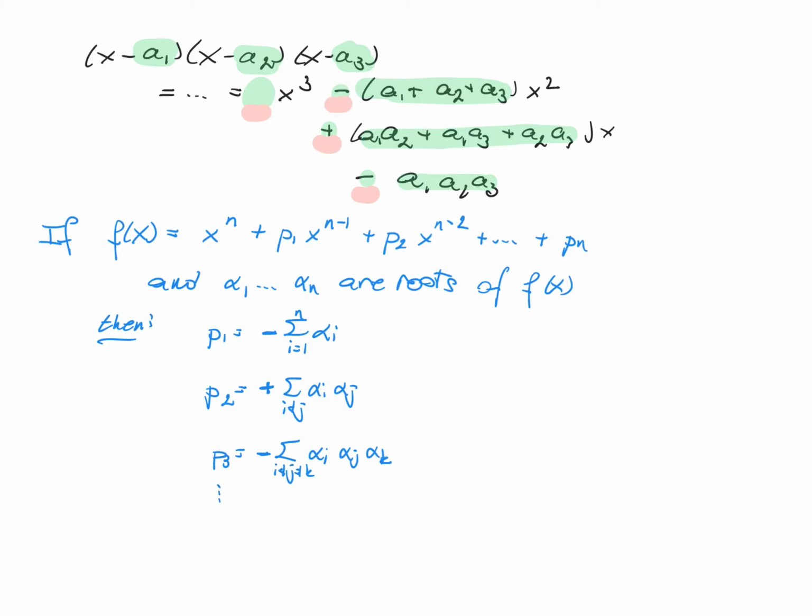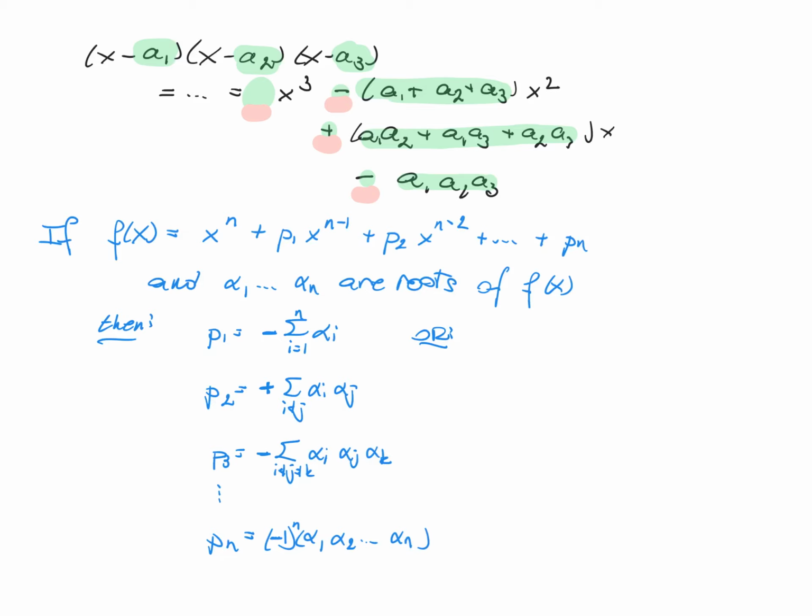So we have this up till pn, which is the product of all the roots. It's alpha 1 times alpha 2 up to alpha n. And then the sign will depend on the power of n. So it's (−1)^n, because we have alternatingly a minus and a plus sign.